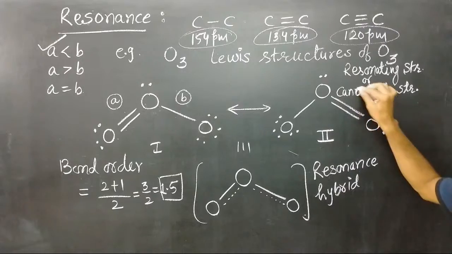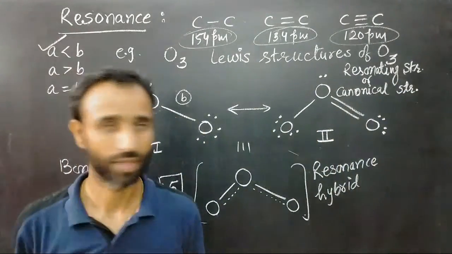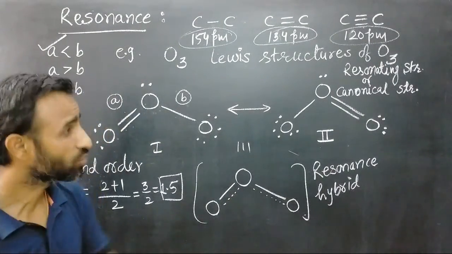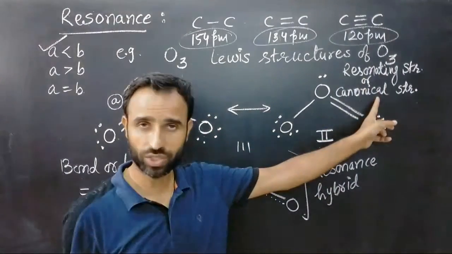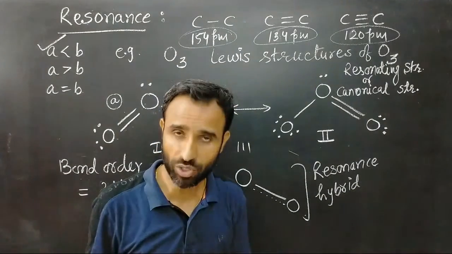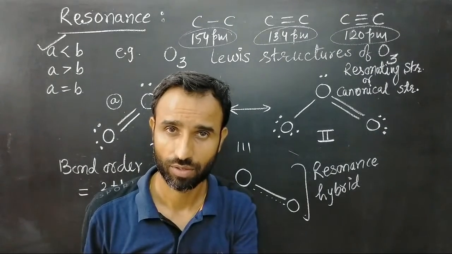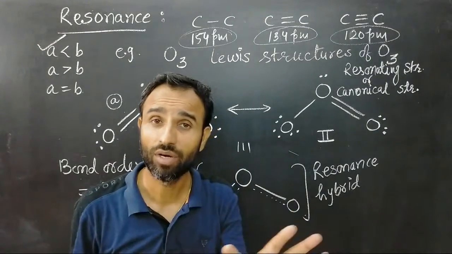Resonating structures or canonical structures. That means resonating structures or canonical structures are the ones which are drawn for the molecule to explain its properties, but they cannot explain all the properties.